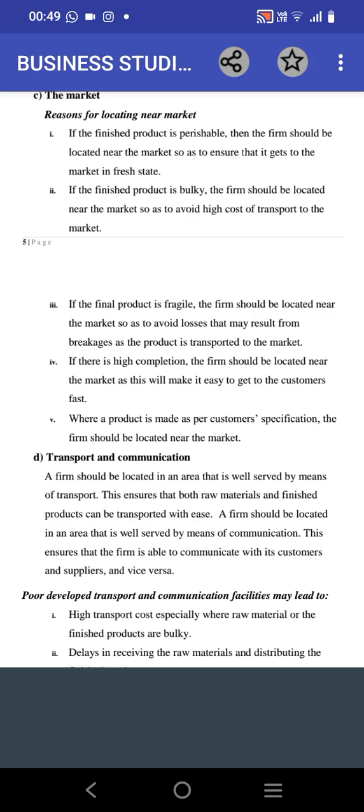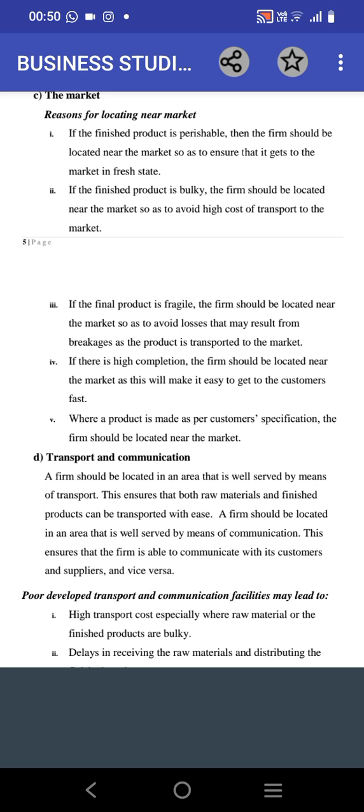If there is competition, the farm should be located near the market. This will make the customer get goods fast.